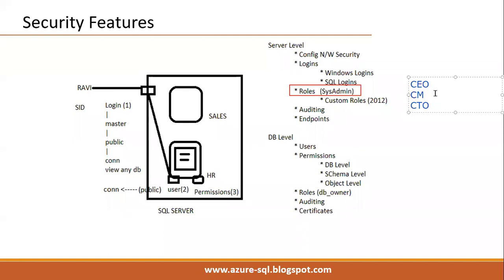So different roles are there in a company, but technology-wise, remember, in an organization we have one person called CTO, chief technology officer. Under the CTO again we have different managers. I'm the database manager.